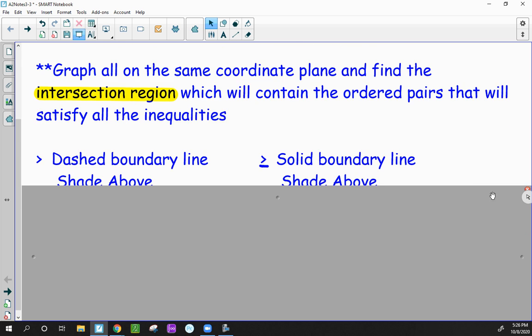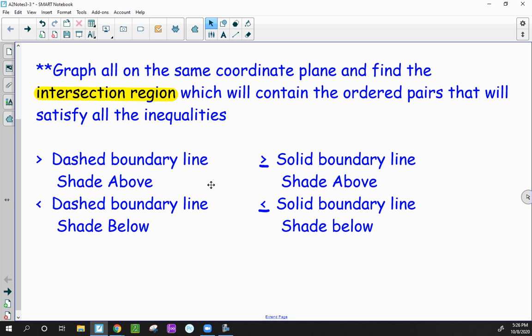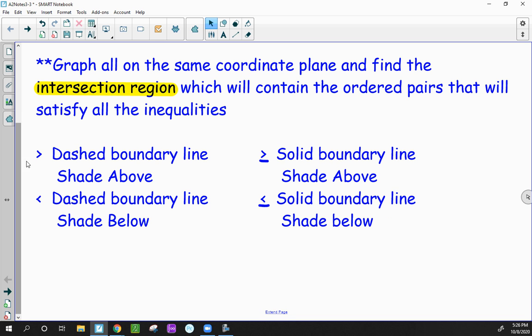Quick review from Algebra 1. The three scenarios: if you have a greater than symbol, you're going to shade above your boundary line, but you're going to make sure that you draw what's called a dashed or dotted boundary line.